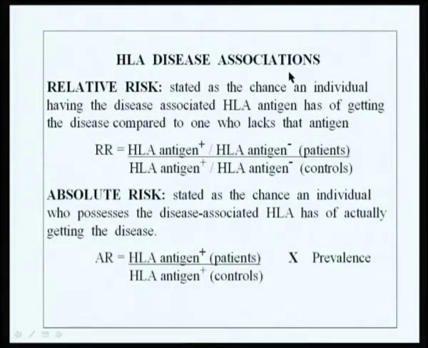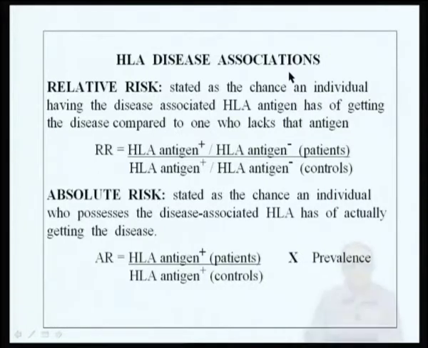The offshoot of all these observations with HLA typing is that they found that certain HLA alleles were always associated with certain diseases. So, these are called HLA disease associations. In other words, humans bearing certain HLA alleles would always be associated with certain diseases.